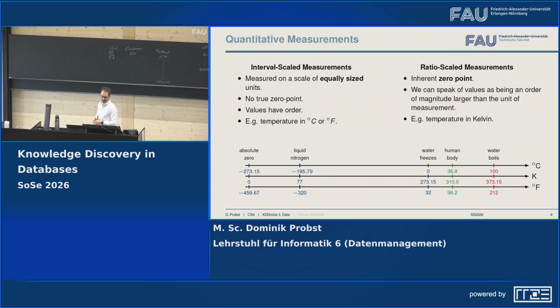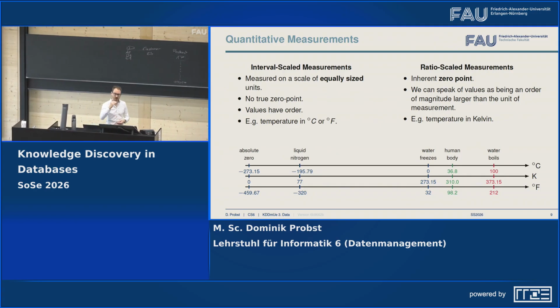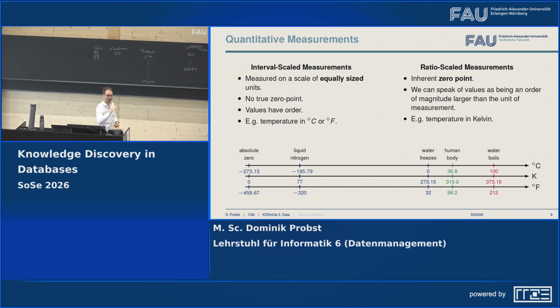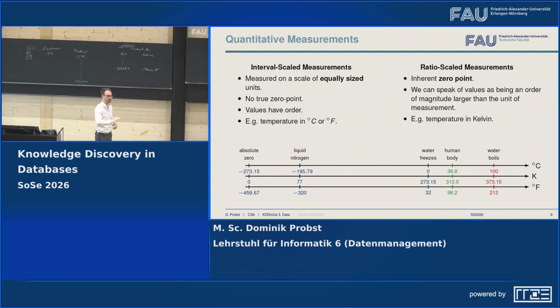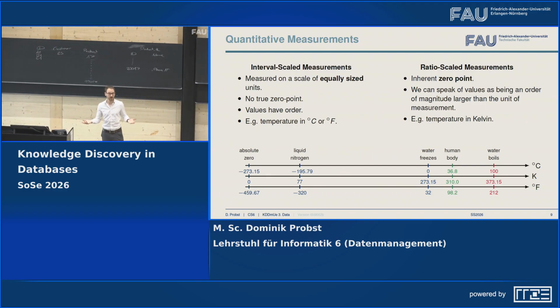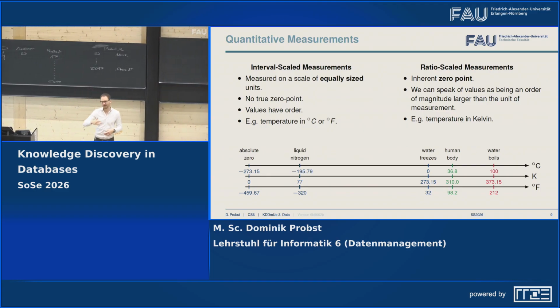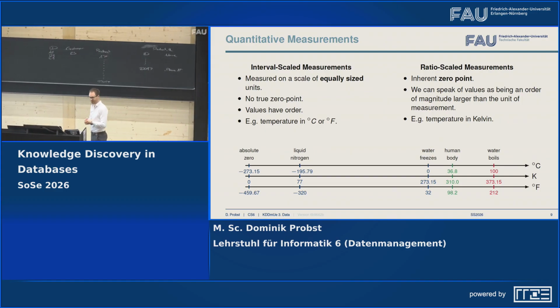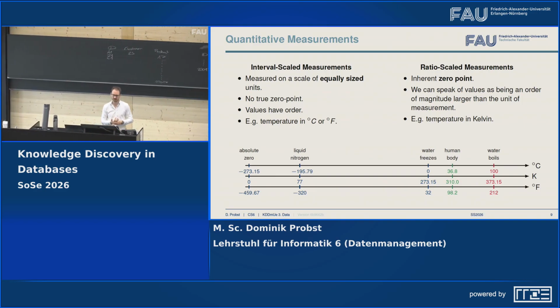With ratio-scaled measurements, we have an inherent 0 point. So 0 in the scaling also means the lowest point we can get to. That's true with Kelvin in temperature. 0 degrees Kelvin equals, I think, minus 273 point whatever degrees Celsius, and is therefore an inherent 0 point.